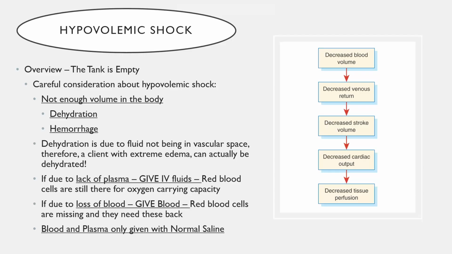So hypovolemic shock. This is a patient that is severely dehydrated or maybe they're hemorrhaging out. Ultimately, there's not enough fluid in the body, not enough volume in the body. The tank is empty. So dehydration is due to fluid not being in the vascular space, and there's all kinds of reasons for dehydration.